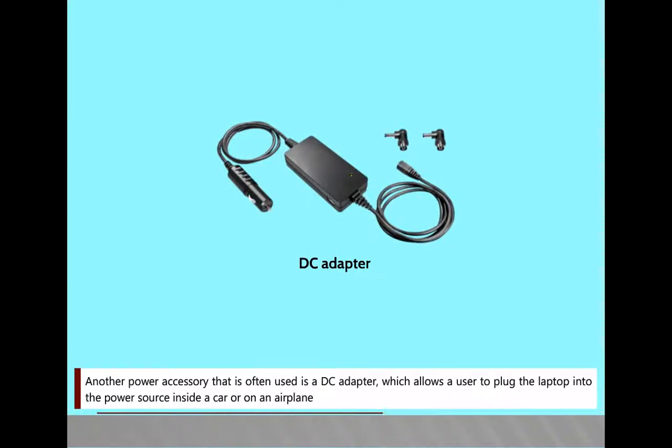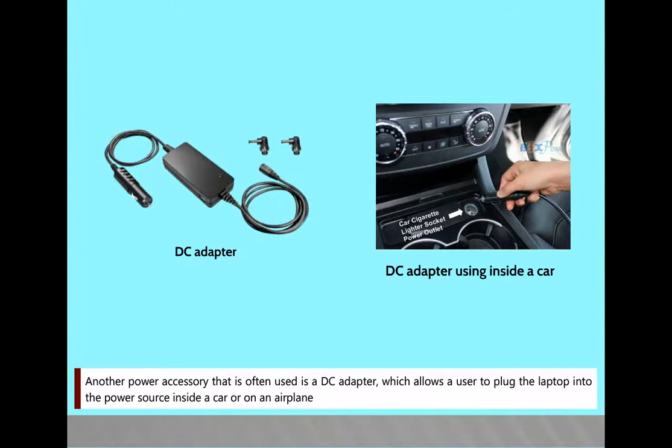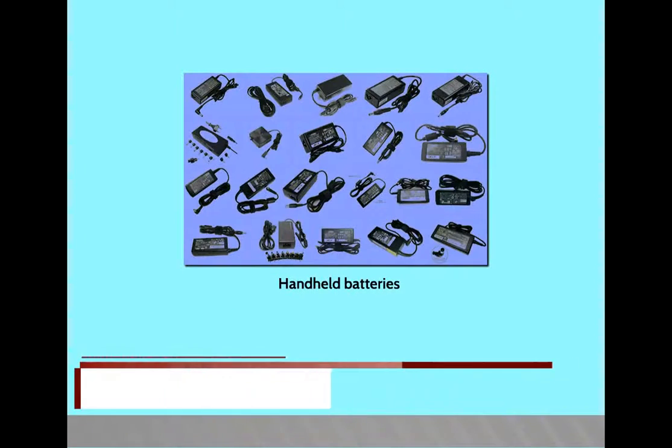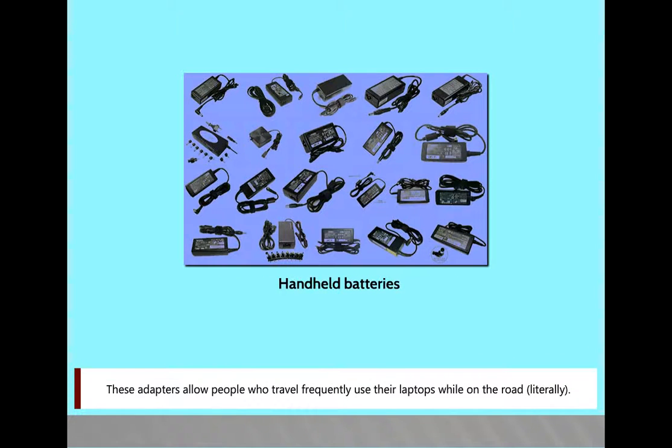Another power accessory that is often used is a DC adapter, which allows a user to plug the laptop into the power source inside a car or on an airplane. These adapters allow people who travel frequently to use their laptops while on the road, that is, literally.